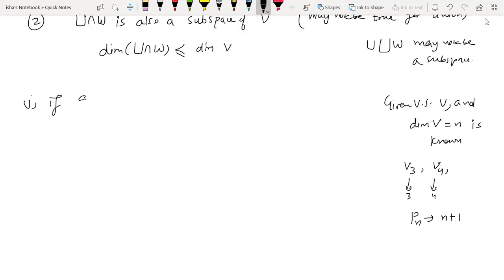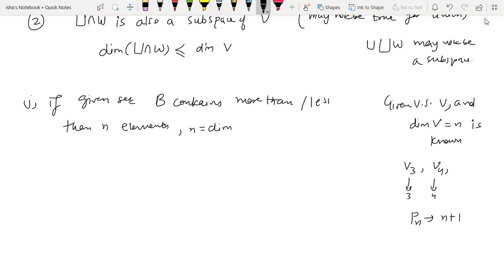If the given set B contains more than or less than n elements, where n is the dimension of the vector space, then we will say B cannot be a basis, because the definition of dimension is the number of elements in the basis. If it is not matching, we will say it cannot be a basis.